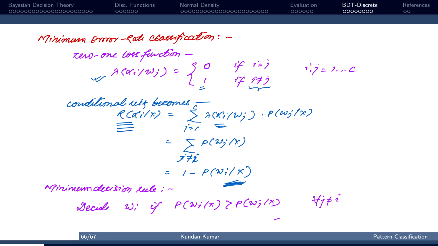So already we have seen this expression. That means the Bayes decision rule also gives the minimum error rate when we make the decision using this decision rule. Okay, so this much for this lecture. Thank you.